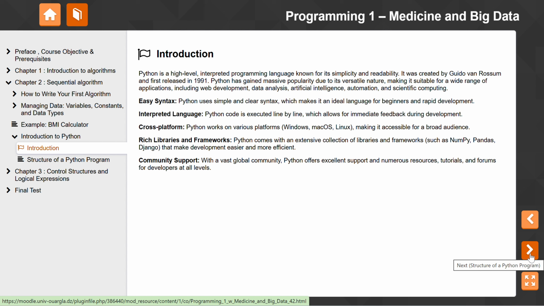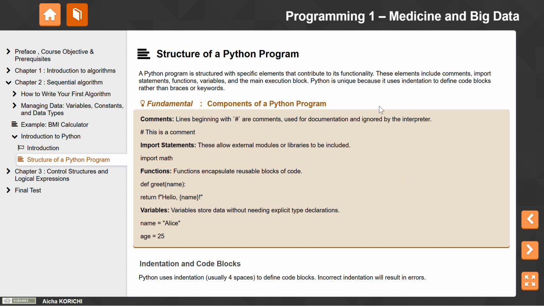Python has easy syntax, is an interpreted language, is cross-platform, and has rich libraries and frameworks. A Python program is structured within specific elements that contribute to its functionality. These elements include comments, import statements, functions, variables, and the main execution block.